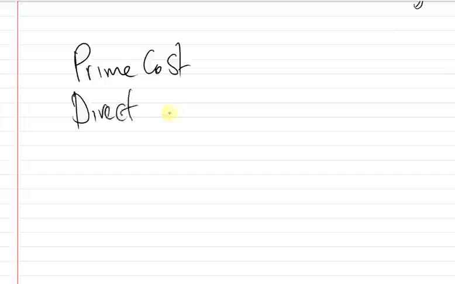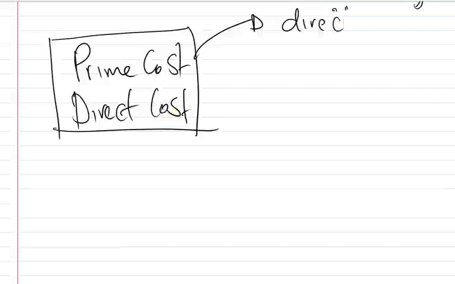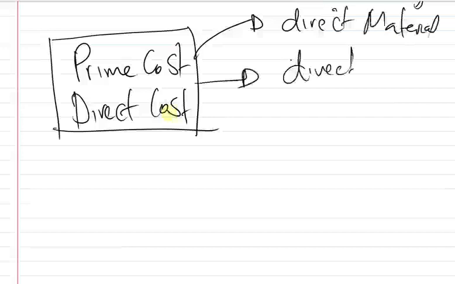So under prime cost, what we have here is direct material, direct labor, and direct expenses.